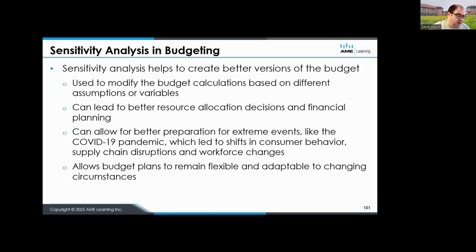So this is really a good thing for us to run some sensitivity analysis, some what-if analysis, and see, what if certain things happen, what are going to be the potential outcomes. And so this can allow us to better prepare for extreme events that might happen.